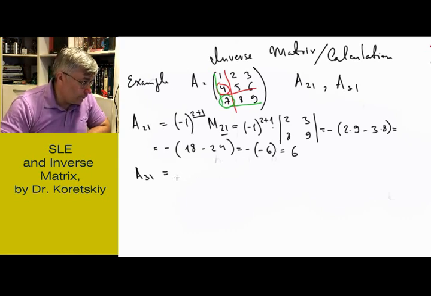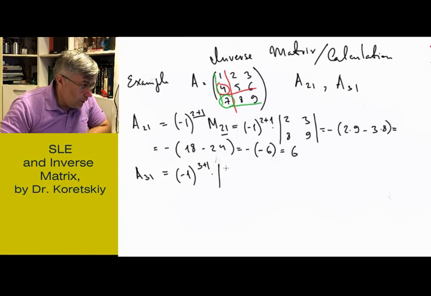So I have here minus 1 raised to power 3 plus 1 times 2, 3, 5, 8, and we have minus 1 raised to power 4, it is just 1, times 2 times 6, 12, minus 3 times 5.